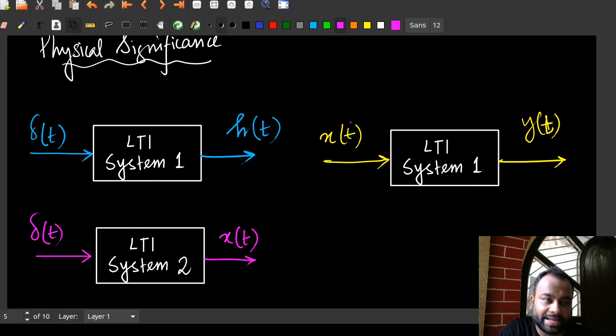Imagine this signal that I used as the input to system 1 appeared as the impulse response of some other system. So this is a system which, when excited with an impulse input, generated this signal.